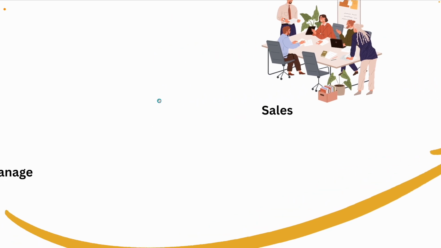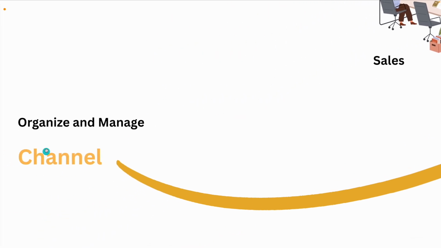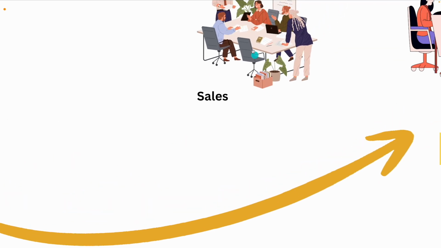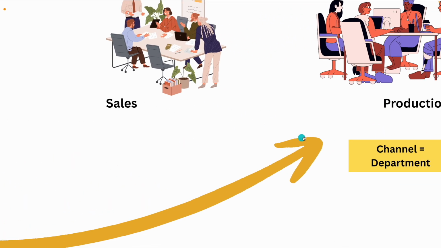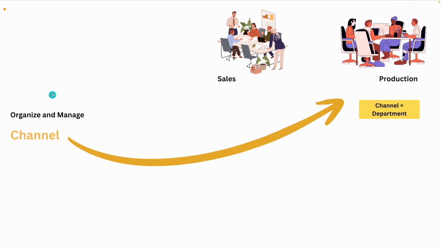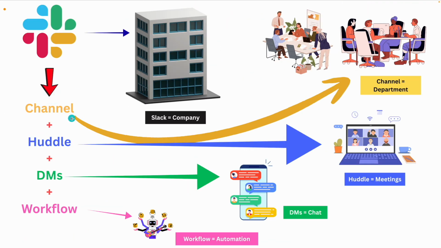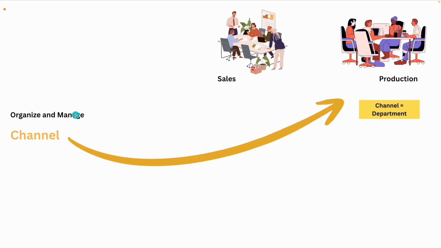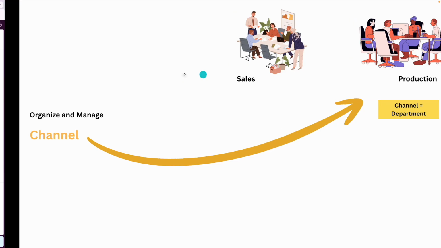So it becomes very easy for us to organize and manage things when we divide into various departments, that is, various channels. That is what Slack allows us to do. Slack allows you to create channels, which means you can create different departments for different purposes, where people can do work related to that.